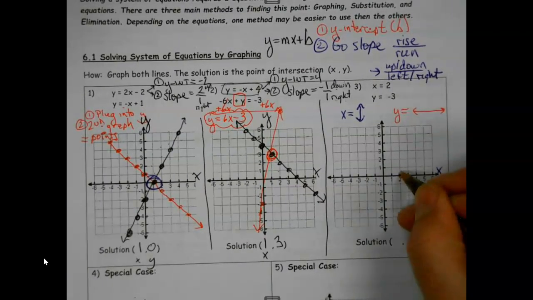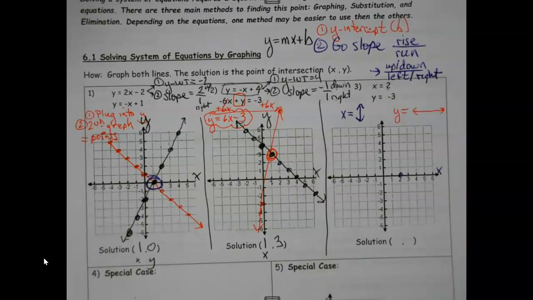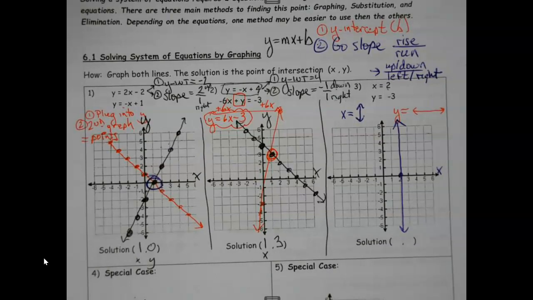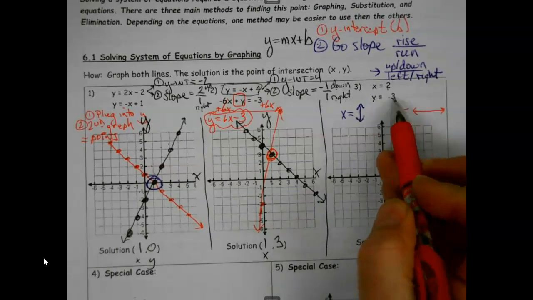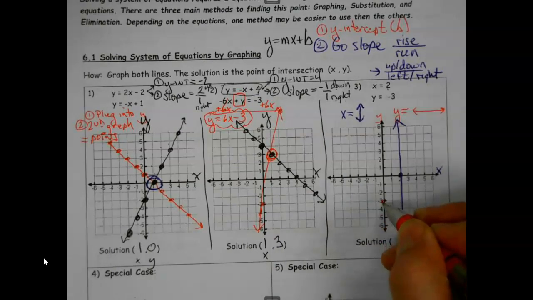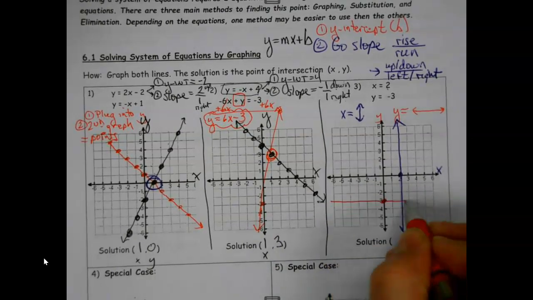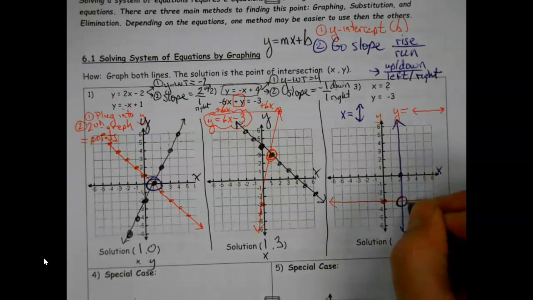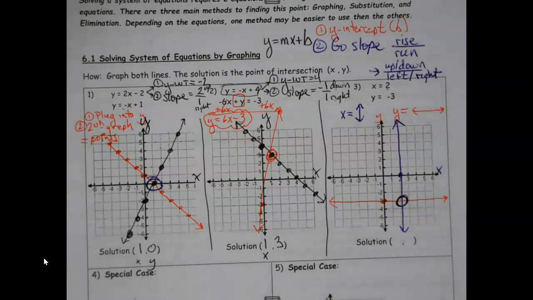I go to where x equals 2. I make me a vertical line. For y equals negative 3, I go on the y-axis to negative 3. I put a dot. I make a horizontal line. And just like that, there's the intersection.